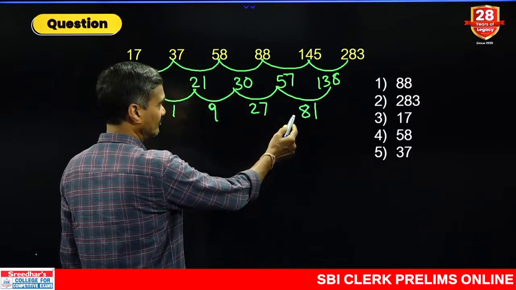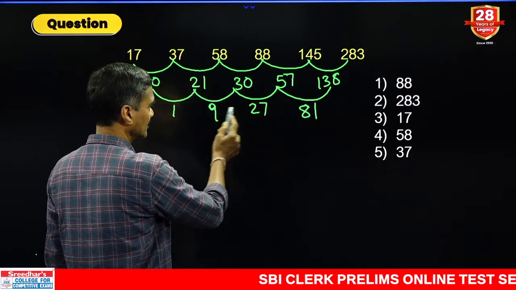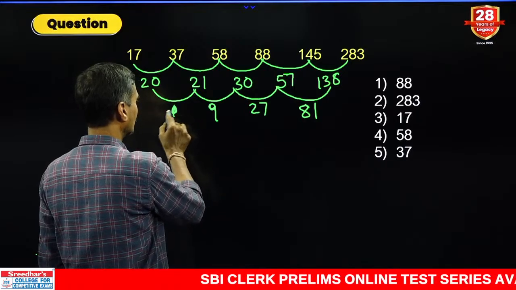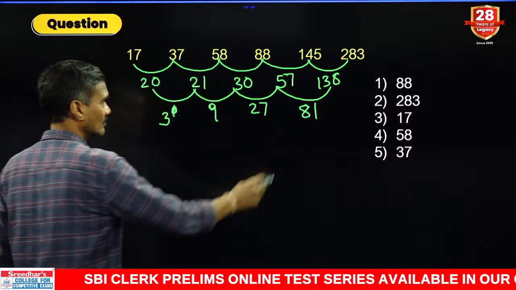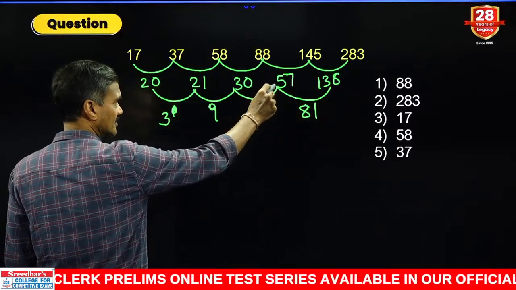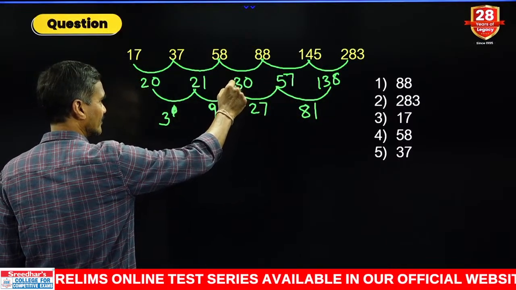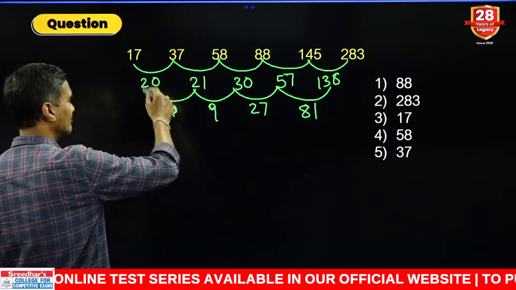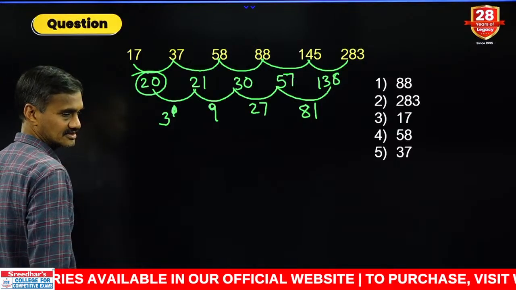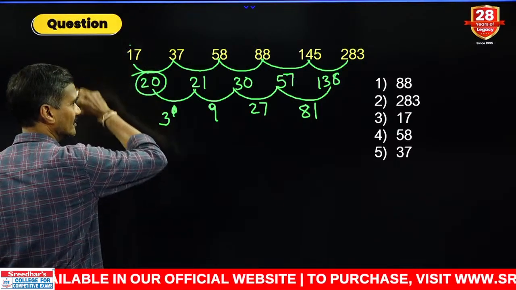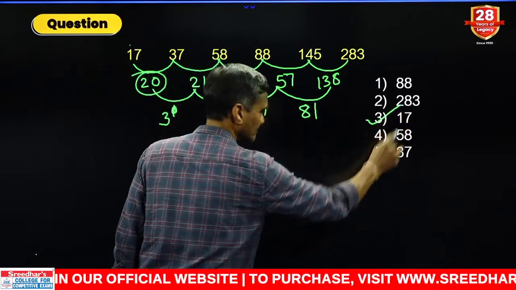Now 81 can be written as 3 power 4, 3 power 3, 3 square, 3 power 1. కనుక ఇక్కడ ఎంత ఉండాలి చెప్పండి, 3 must be the number. Clear? That means 138 minus 81 is 57, 57 minus 27 is 30, 30 minus 9 is 21, 21 minus 3, how much to be subtracted here? 17 must be subtracted. Hence what is the wrong number? 17 is the wrong number, that is choice 3.